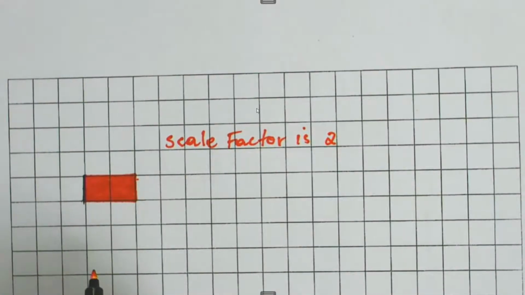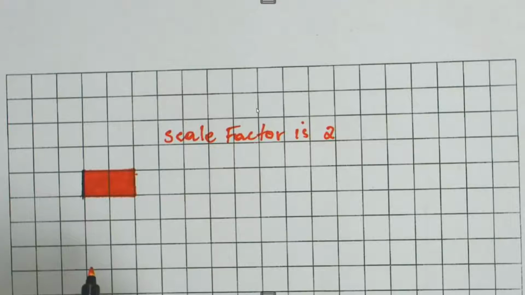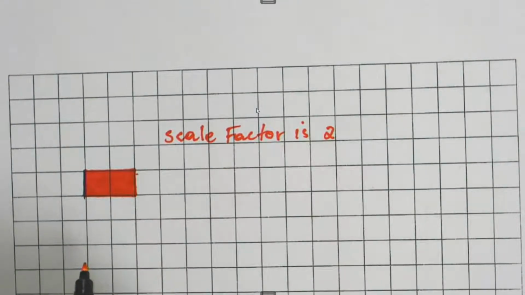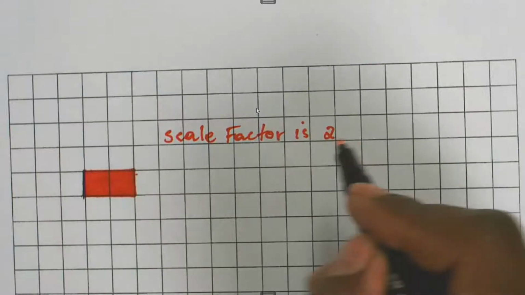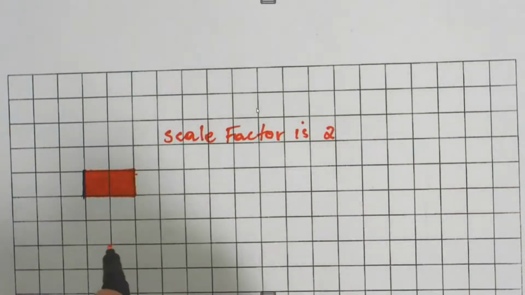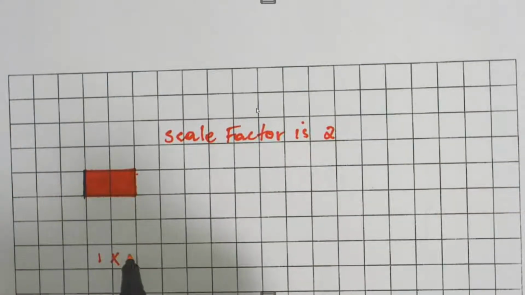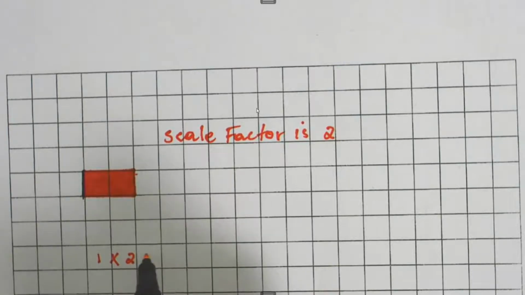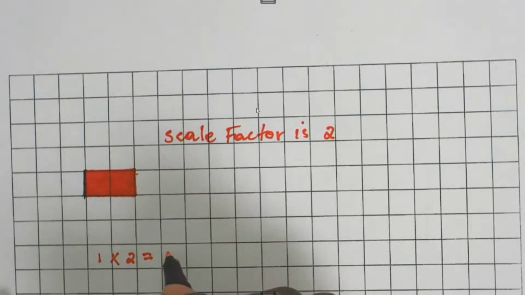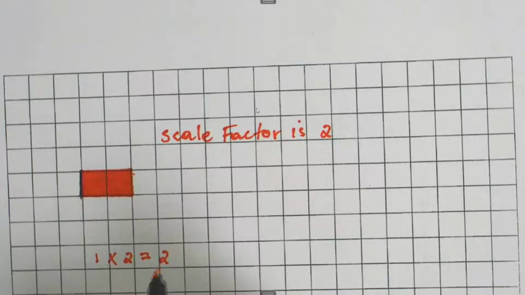Remember again, guys, I said you take the size of the original shape, multiply it by the scale factor, it will give you the size of the image. Now let us look for the image. How much will it be? It is 1 block, so it will be the size of the original, 1 block, multiplied by the scale factor, which is 2. It will be equal to the image. So 1 multiplied by 2 equals 2.